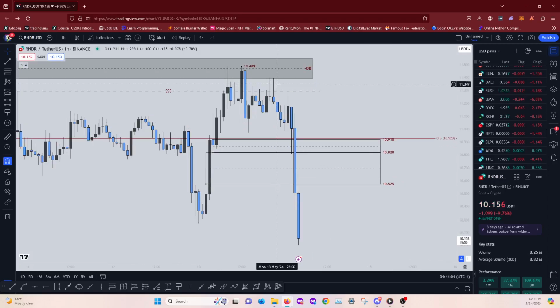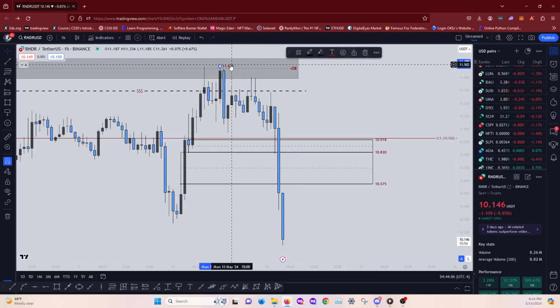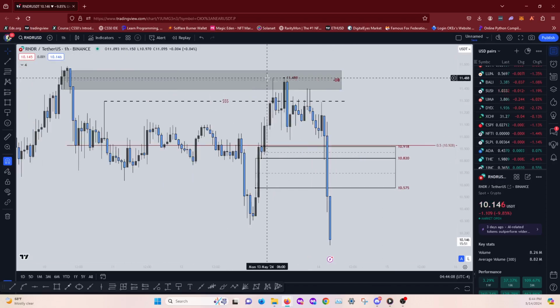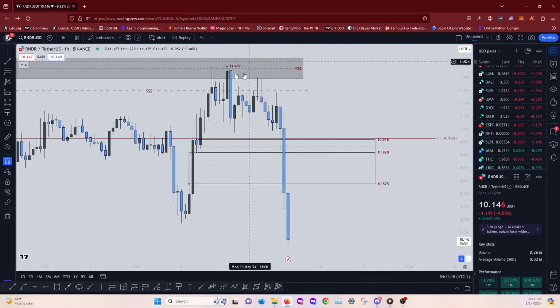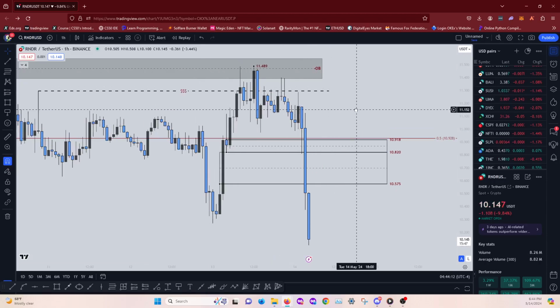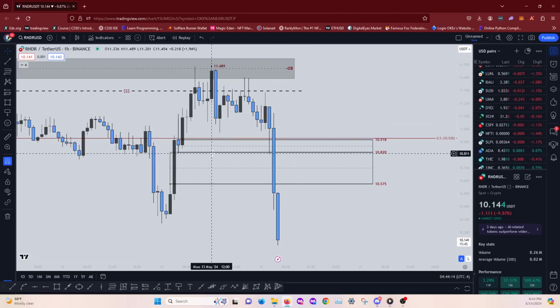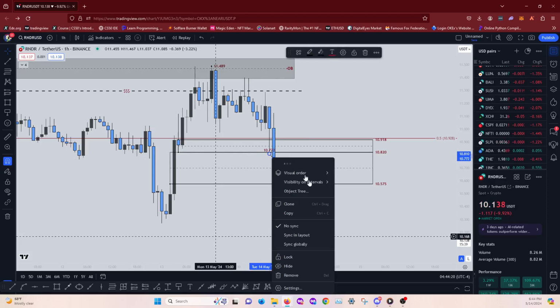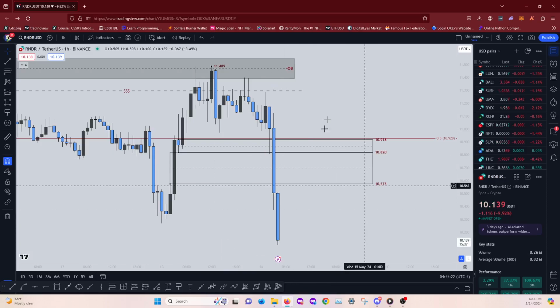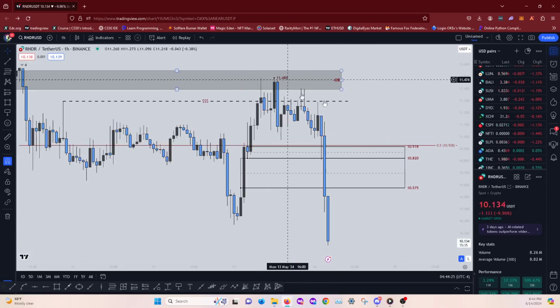But that is your protective stop. That's the safest stop you could make for this setup. If you want something more conservative, you would have your stop a little bit above the fair value gap. That's the initial entry point. But I like more protective stops.